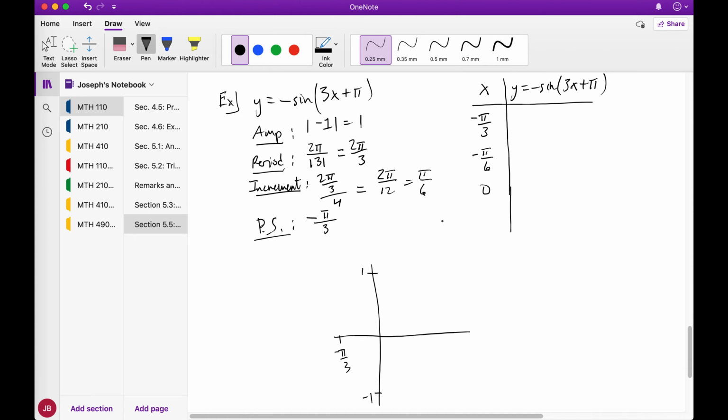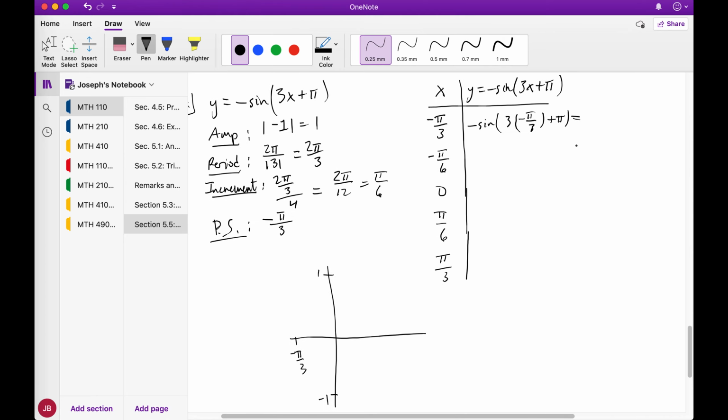Minus pi over 6 plus pi over 6 is 0. Then another pi over 6. And then pi over 3. Right? I'll take pi over 6 and add to it pi over 6, which gives me 2 pi over 6, also known as pi over 3. All right. And so I'll do this first one with you, and then I hope you'll sort of fast forward to get through the rest of it.